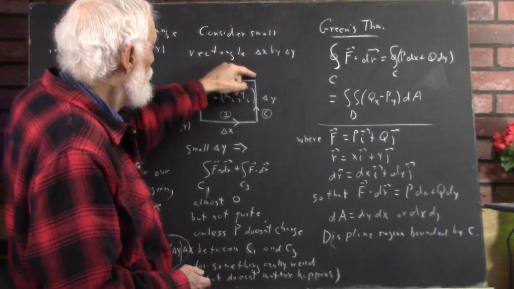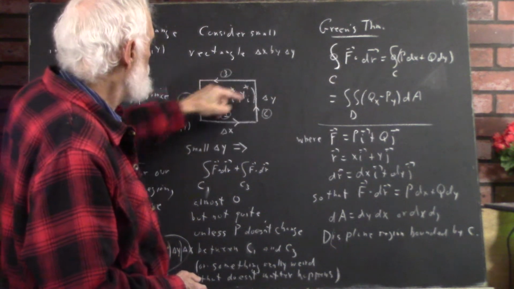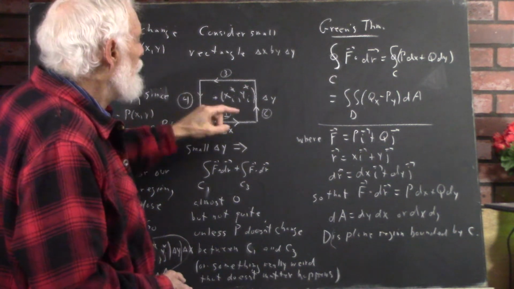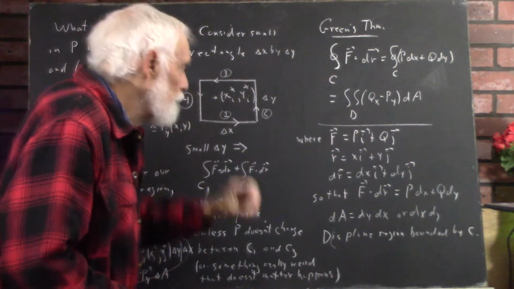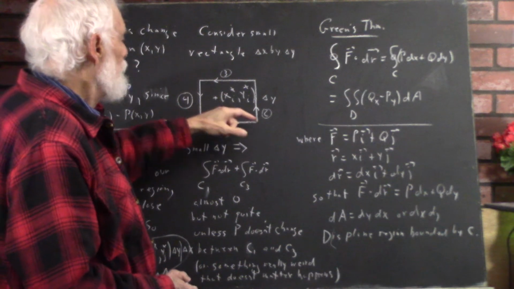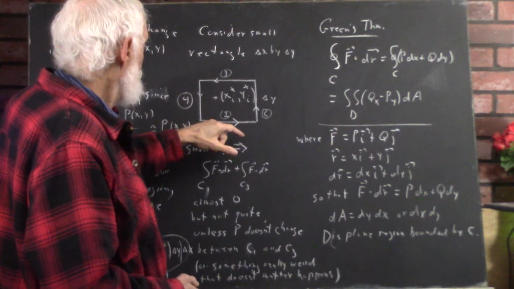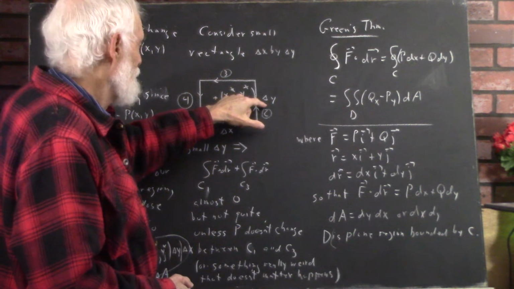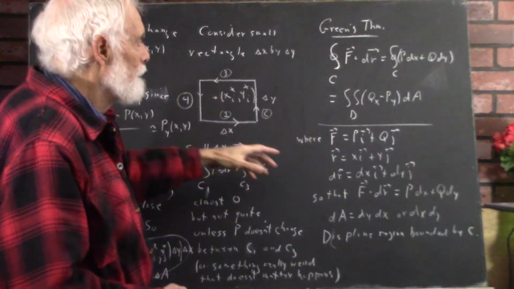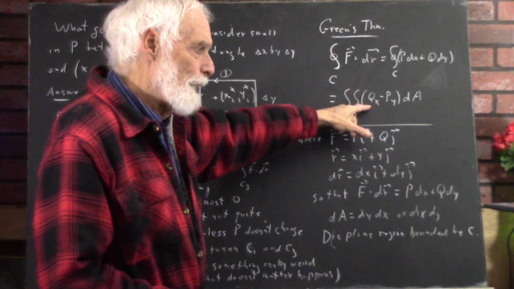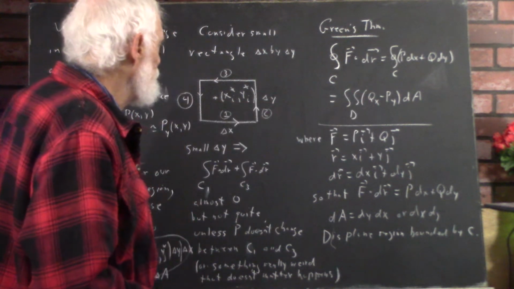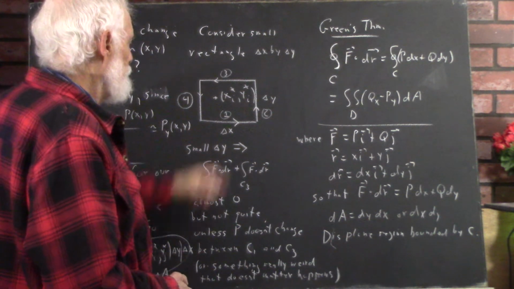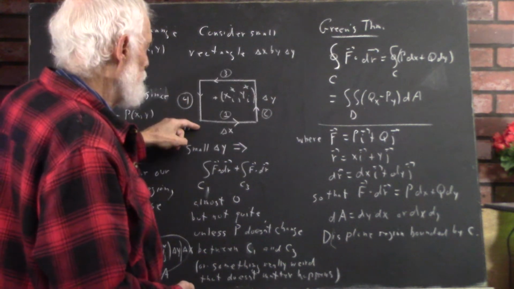But we're integrating over this path before we integrate over this path, so that a positive Q x would give us a greater value here than here, meaning that we'd have a lesser value here than we have here. So that's the reason for the positive Q x. A positive Q x is going to give us a greater value here than it is here.